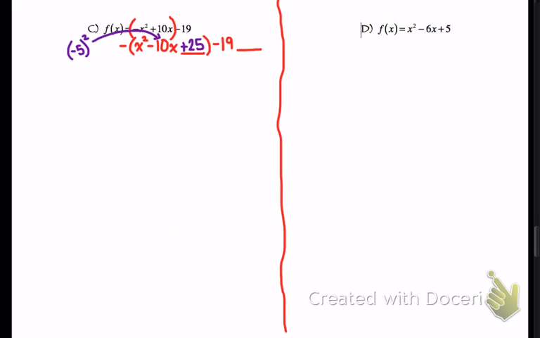I want you to think about why I'm about to do what I'm going to do. Uh-oh. Why did I make that the same as what's in the parentheses? I don't get it. I'm confused. You told me that it had to be the opposite, and now you're telling me it has to be the same. Why is it the same?